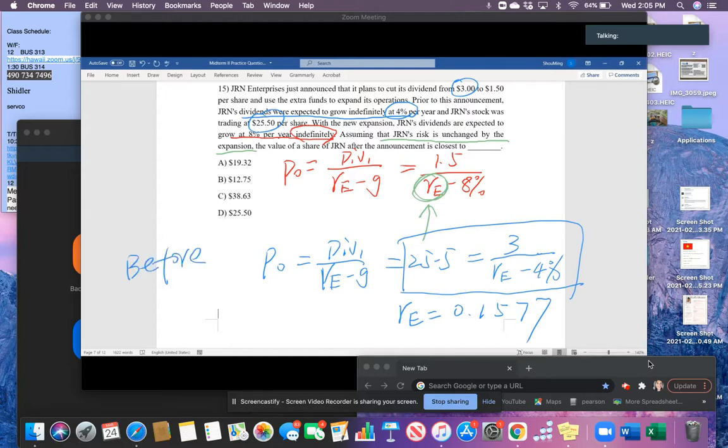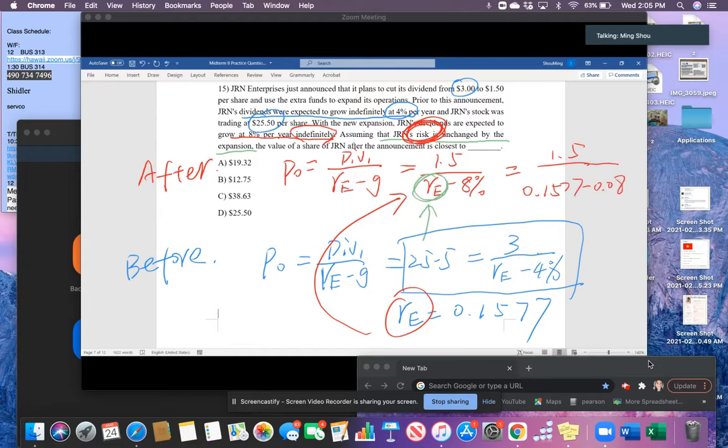Okay. So since we already figured out the IE before the announcement, this is before the announcement, and this is after the announcement, right? But it already tells us that the risk level will not change. So the IE here is similar to the IE here, right? So you simply plug this IE here equal to 0.1577 minus 8%, 0.08, okay?